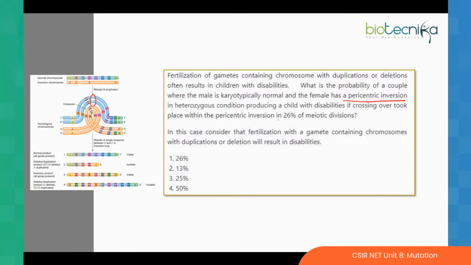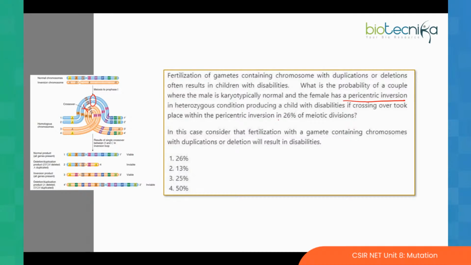Now if pericentric inversion is there and crossing over happens through the pericentric inverted segment, then it will result in the formation of, again, the recombinant chromatids will be having mutation. What kind of mutation? They will have deletion or duplication.